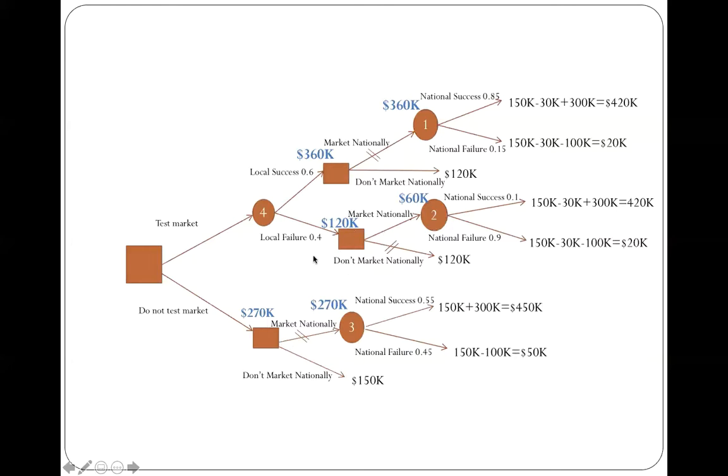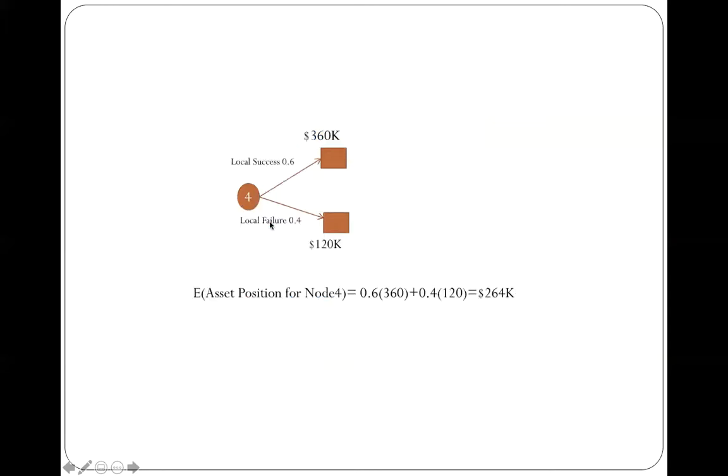So what is next? Next, we are going to get to event node 4 and see what is the value associated with this node. For event node 4, we have two possible outcomes. The first outcome leads to 360K, the second outcome leads to 120K. So the average of the outcomes we may see if we end up at this node is 360 multiplied by 0.6 plus 120 multiplied by 0.4.